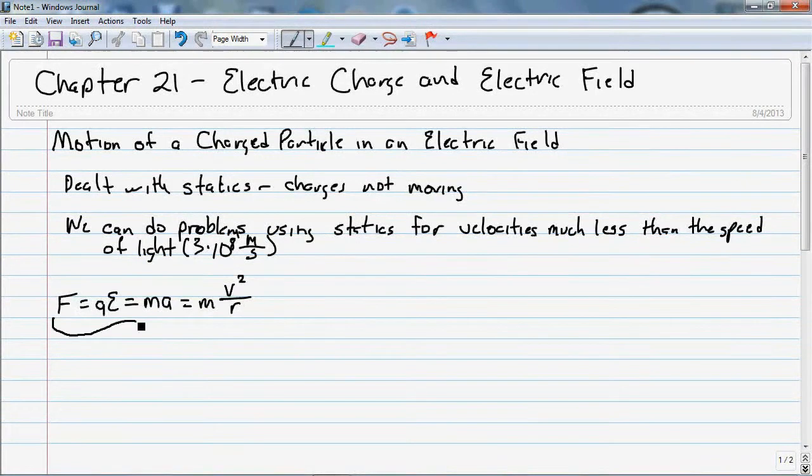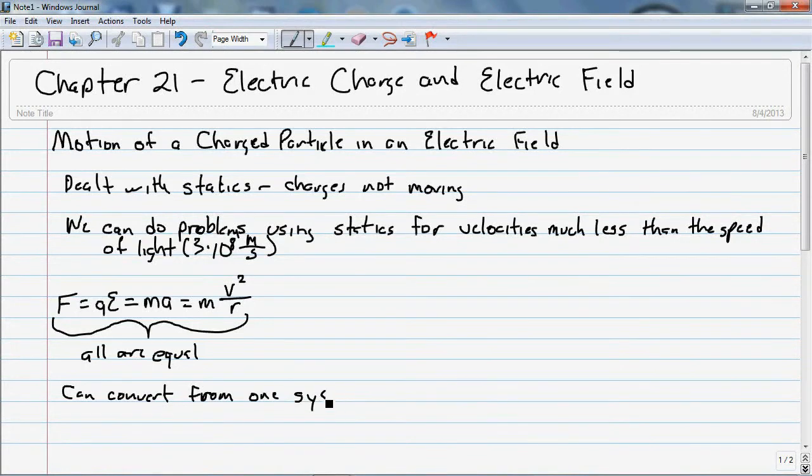All of these are equal, so we can convert from one system to another. And let's see how we can do that with a problem.